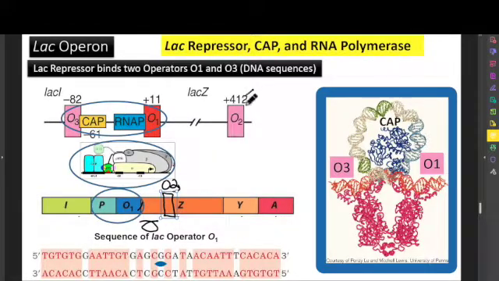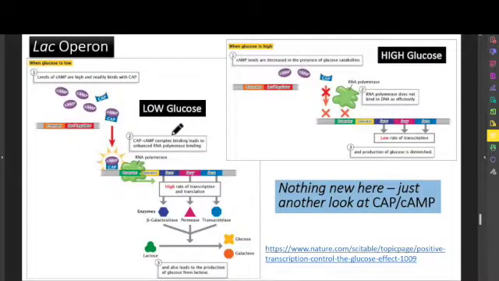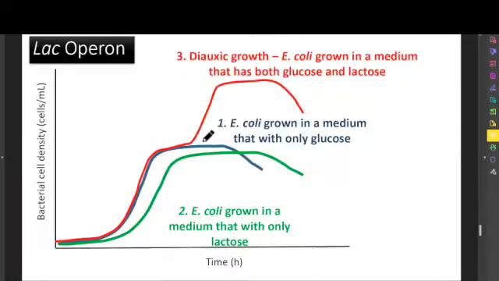Don't worry about O2. We've got enough on our plate, so we don't need to worry about that. And the sequence of lac operator O1, no surprise, it is a palindrome. So this is the same thing that we've been talking about. Go through this yourself. Make sure that you agree. Yes, this is exactly what we've been talking about.